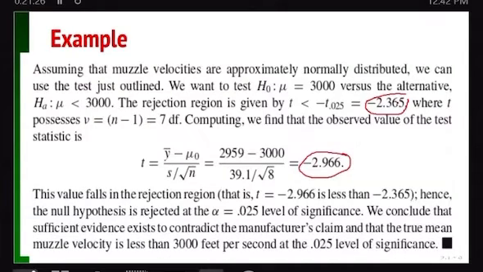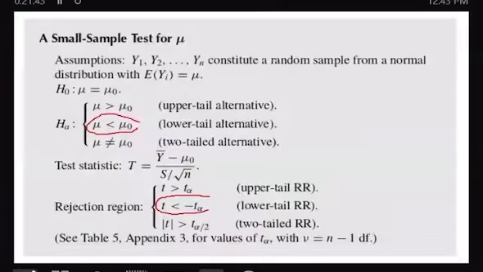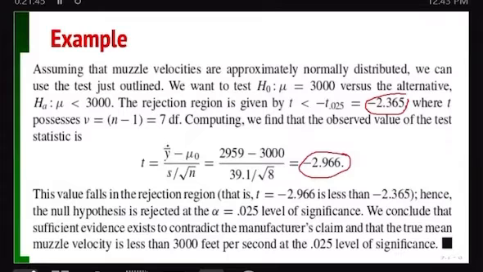Yes. This is the most negative. This is less than that. Because of that, we say the null hypothesis is rejected. And when the null hypothesis is rejected, you're going to conclude in favor of the alternative. You're trying to say that whatever it is will be less than 3,000. Okay, so now I go ahead.